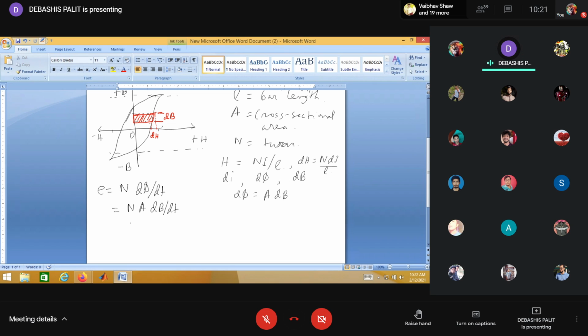But according to Lenz's law, it will oppose its cause, and the cause is the increment of current.